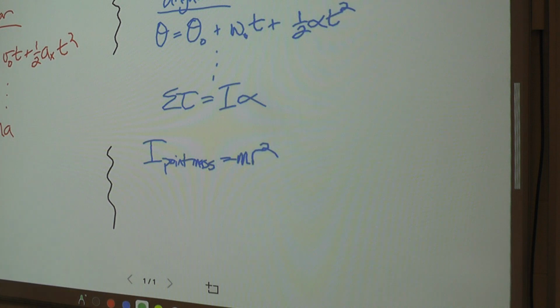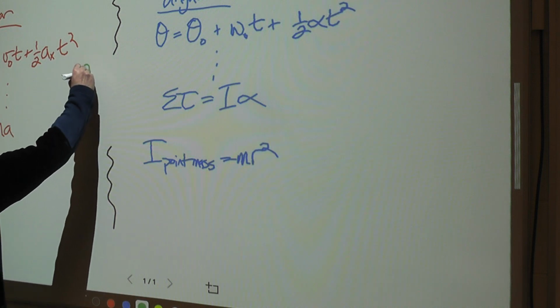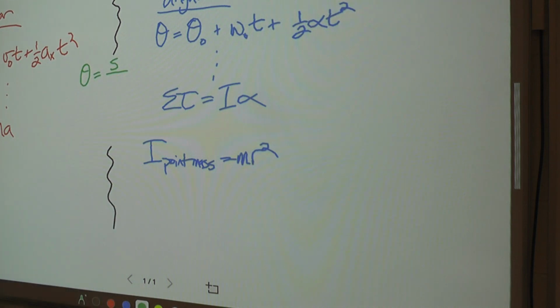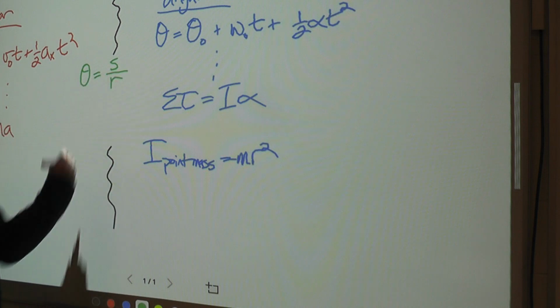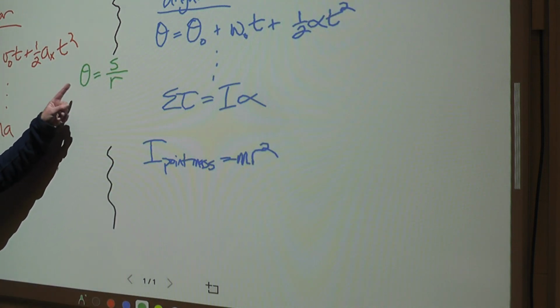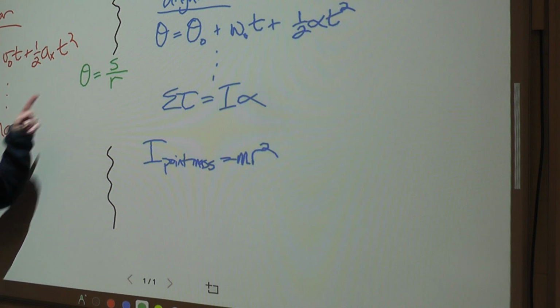So for example, if we know how far something travels along its curved path, and we know how far it is from the center of rotation, we can find its angular position or displacement in radians.